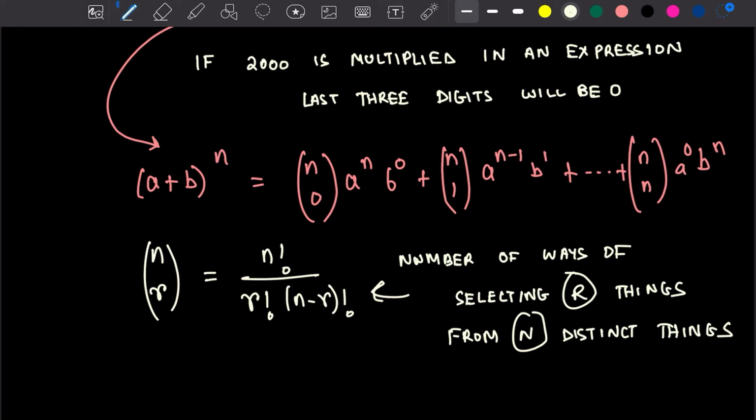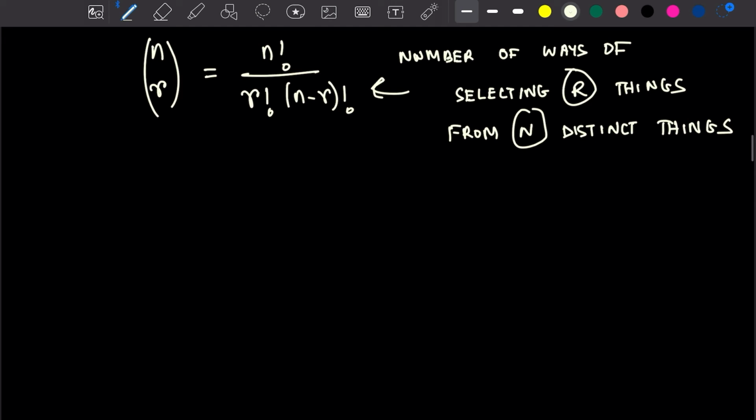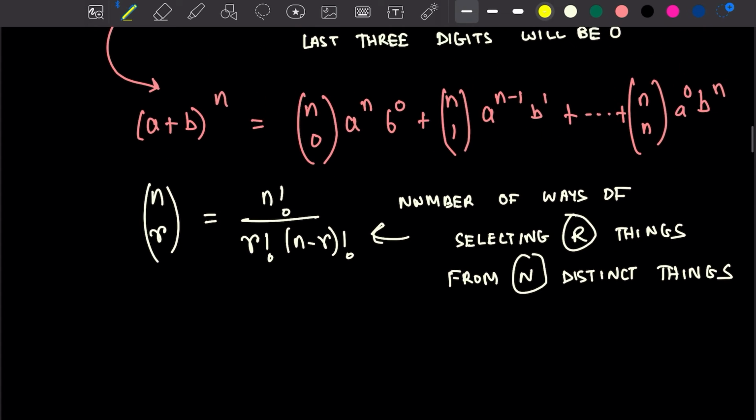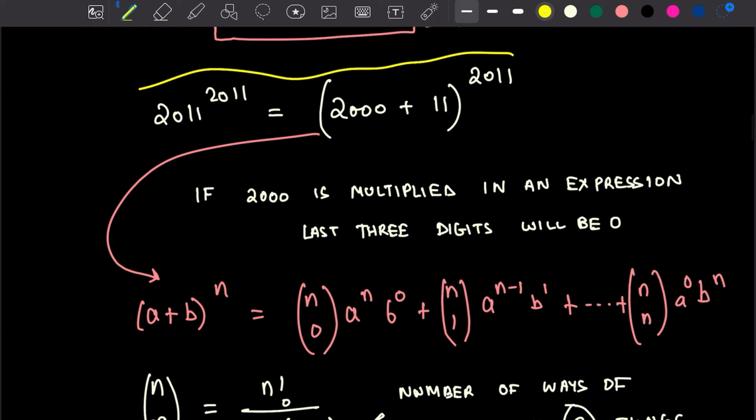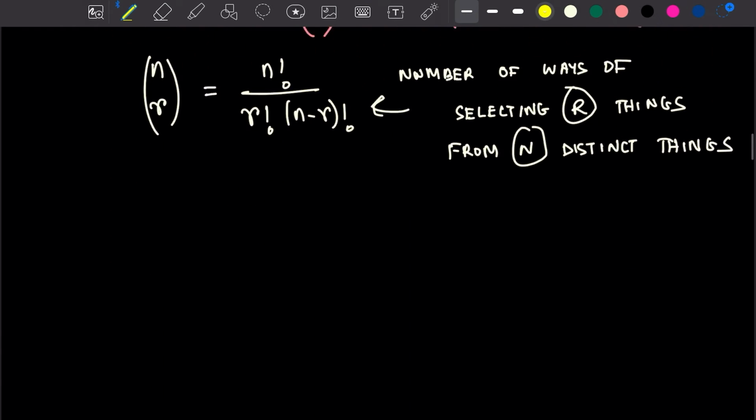So let's go ahead and talk about the binomial expansion of this thing. What is it?